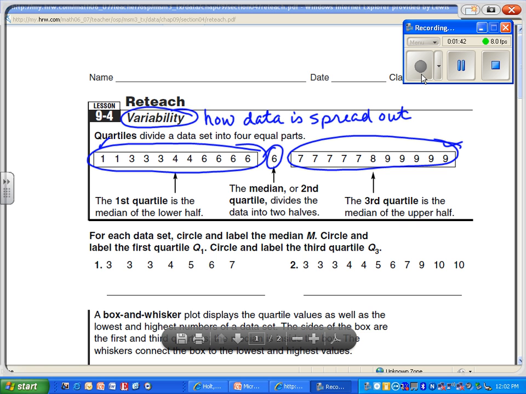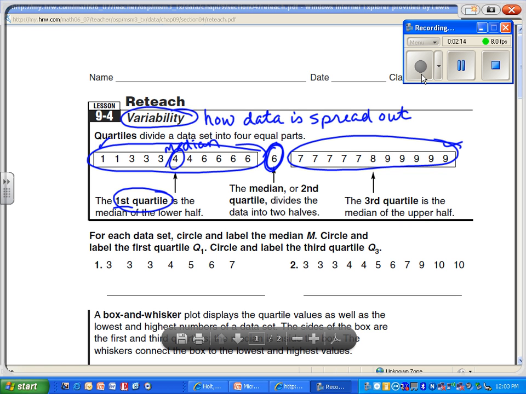Please notice that I did not include the median of all of our data. That's going to be by itself, and then I'm going to separate the rest of the numbers into our lower half and upper half. After I find my lower and upper halves, I want to find the median of those halves, and it looks like 4 is going to be the median of my lower half, and that's called the first quartile.